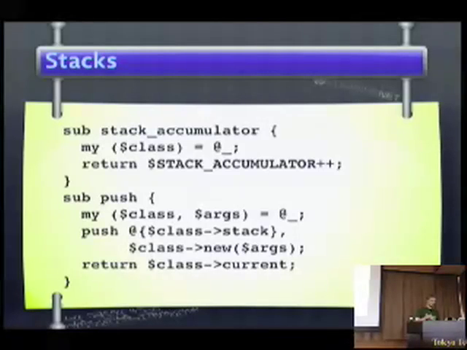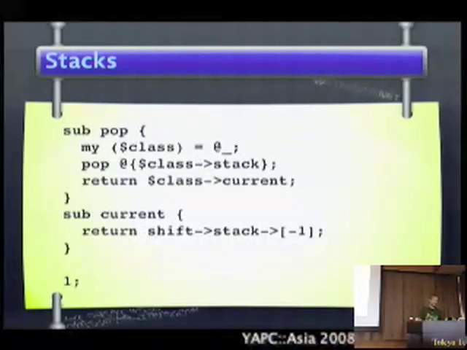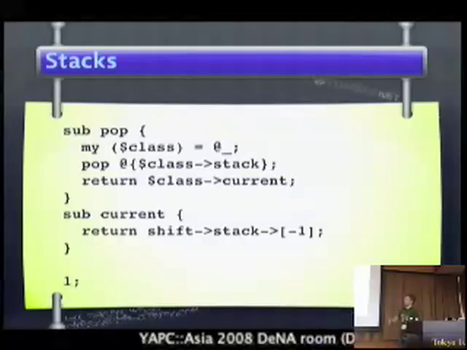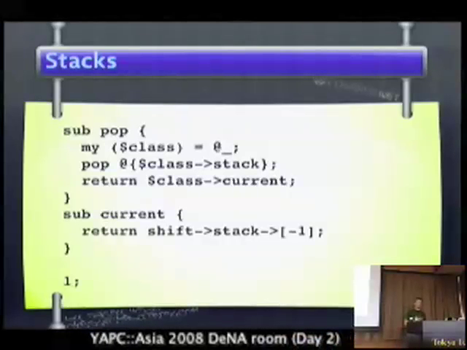So then we push onto the stack. Push will create a new kind of context and set that context as the current one. We can pop it back off again, and we can get the current one as we understand it, which will be the last one that was entered into the stack.